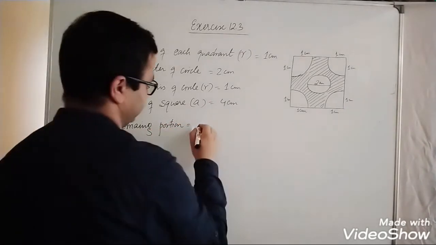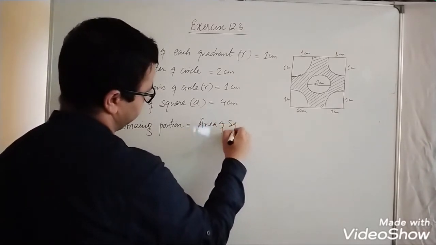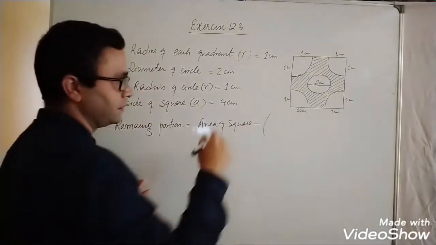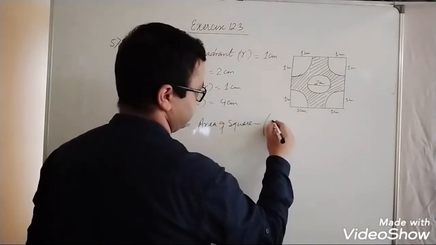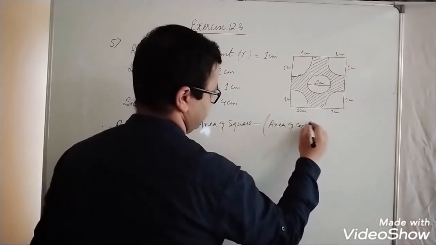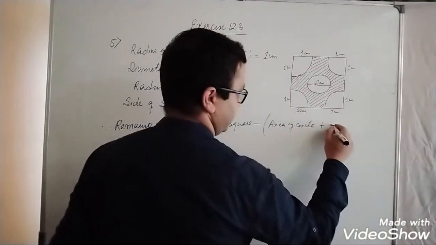Therefore, area of remaining portion equals area of square minus, inside the bracket, area of circle plus area of 4 quadrants.